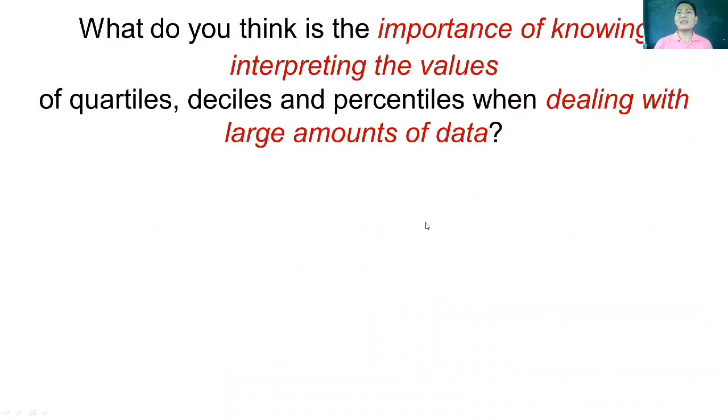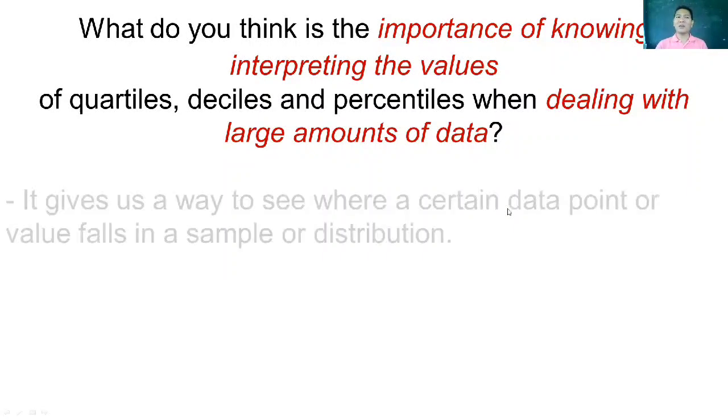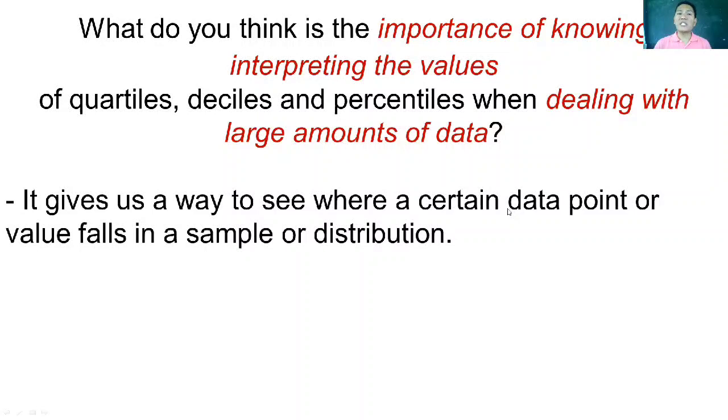What do you think is the importance of knowing and interpreting the values of quartiles, deciles, and percentiles when dealing with large amounts of data? Is it important to know and interpret these measures of position? Why? First, it gives us a way to see where a certain data point or value falls in a sample or distribution.